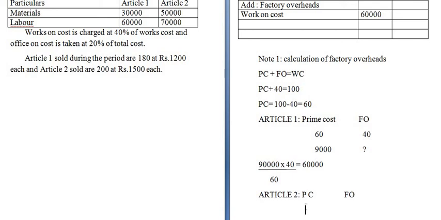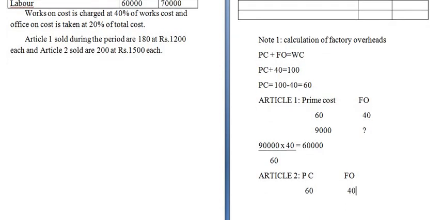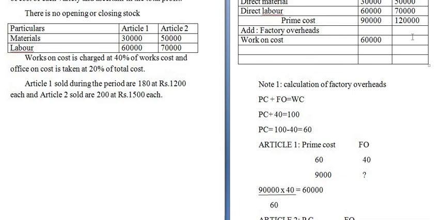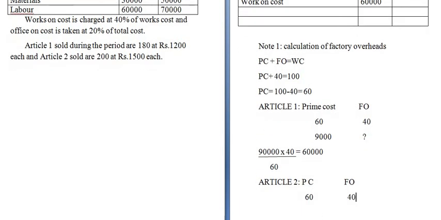When prime cost is 60, factory overheads is 40. Now go through the problem and check how much the prime cost is.